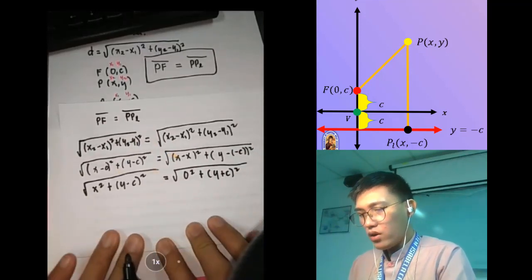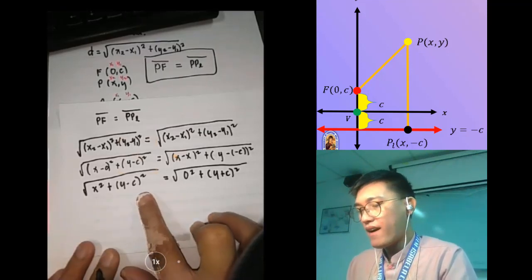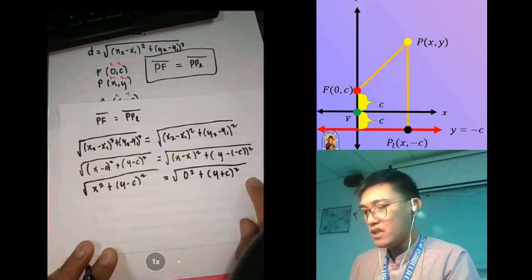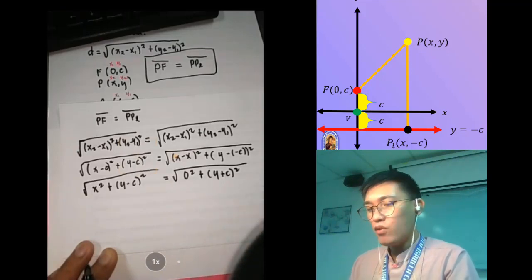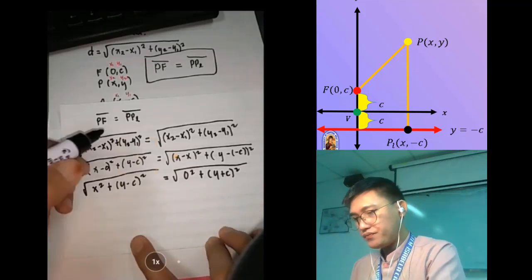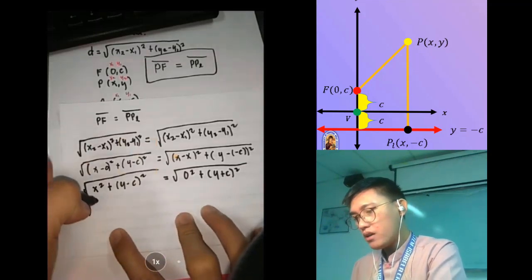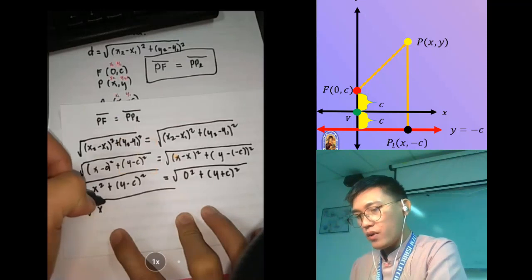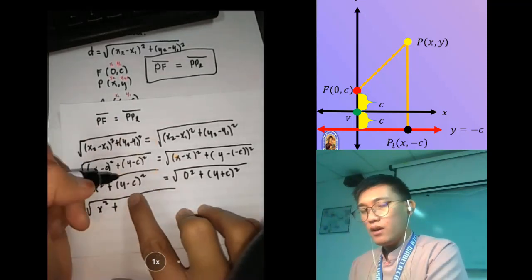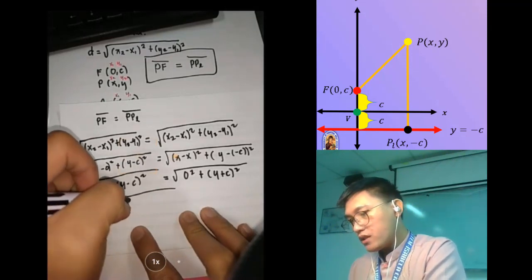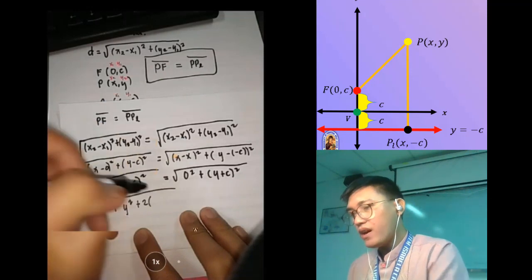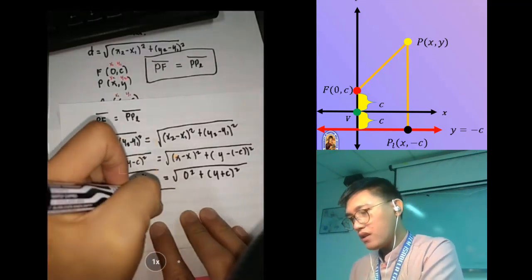Now, what we are going to do is simplify what is inside here: y minus c squared, y plus c squared, and later we'll be removing the square root. That would be x squared plus, using the FOIL method, or if you know the shortcut already, square the first term, y squared, plus twice the product of the first and the second term.